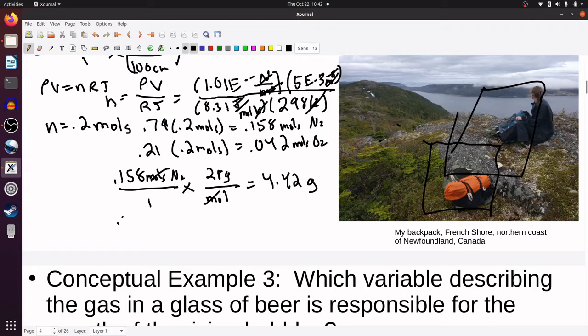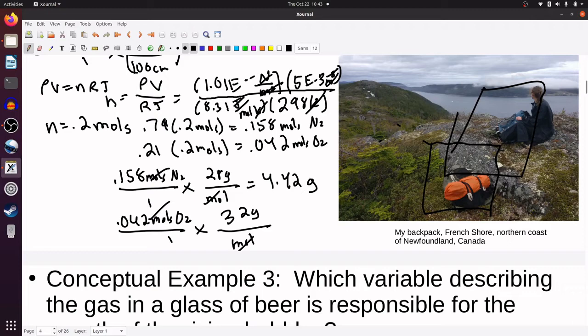And now we've got 0.042 moles of oxygen. And I know, so I go 0.042, and I'm going to multiply that by, oh, sorry, didn't write it in here. That'll be 32 grams. Oxygen 16, it's molecular, so I need to put it as 32 grams per mole, so moles cancels. But yeah, I'm doing 0.042 times 32. I was jumping ahead.